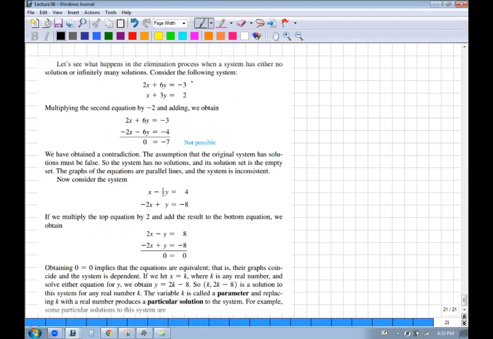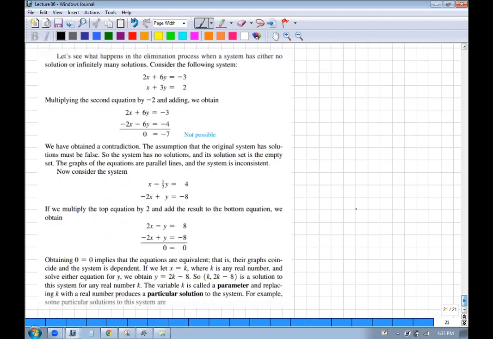All right, so here's two equations. Is this the same two we just did? No, two different equations. Okay. So we're looking at whether it has no solution or infinitely many solutions. Okay. Well, if we double this guy, we get this. Then if we add them, the x's and the y's go away. See that? And we get 0 equals minus 7.